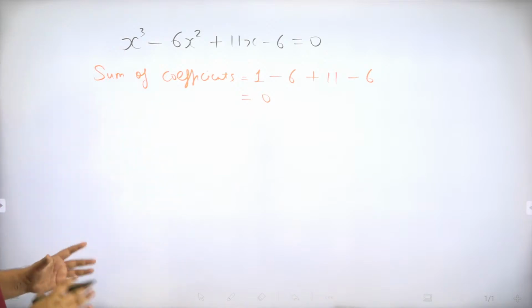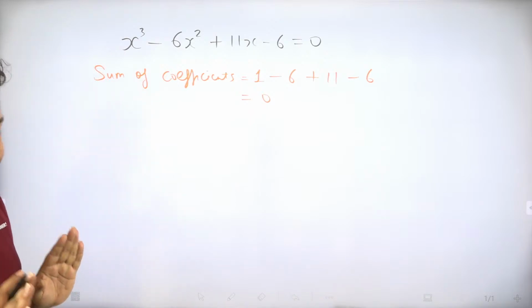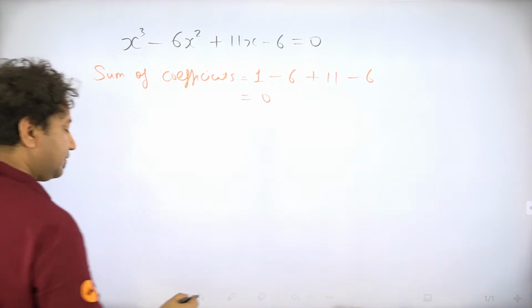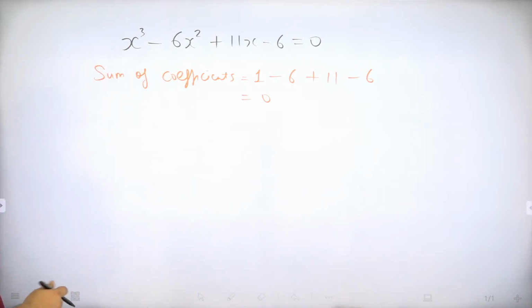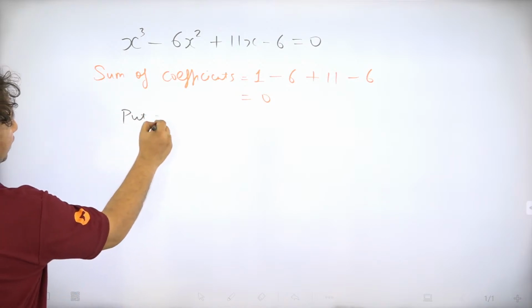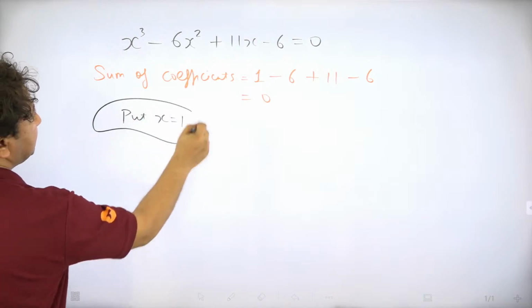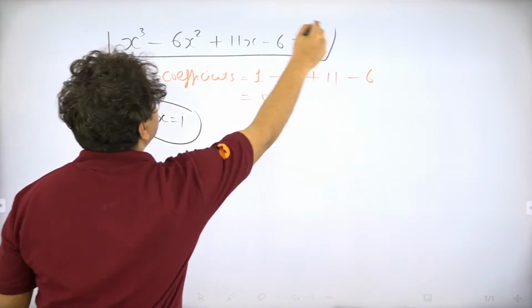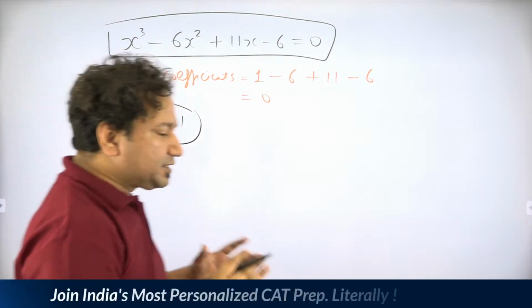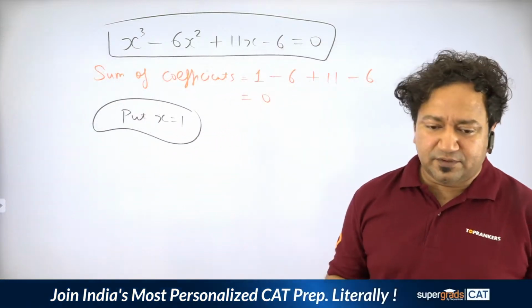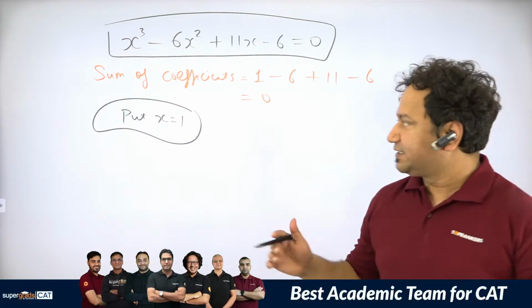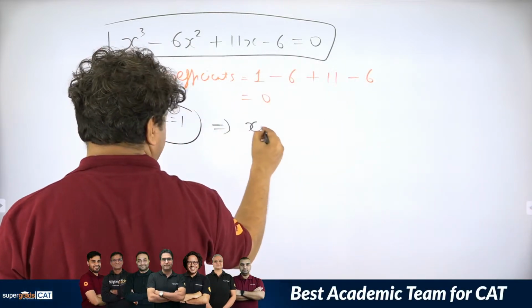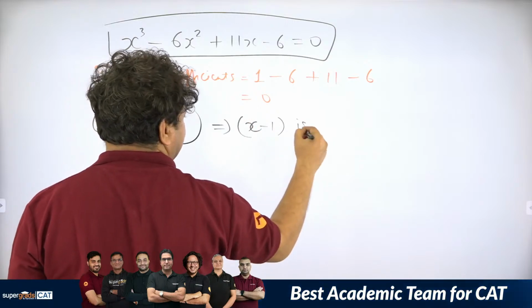If x was not there, the sum would be 0. So how can we eliminate x? By putting x equal to 1, which means at x equal to 1, this equation is satisfied. Just note it down somewhere: if the sum of coefficients is equal to 0, then 1 is going to be a root. At the same time, x minus 1 is going to be a factor.